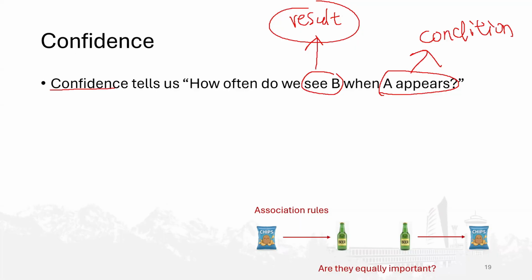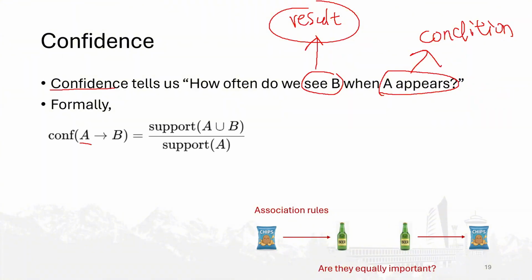So formally, to calculate the confidence for A, if we see A, then how often do we also see B? The formula for the confidence will be the support count of A and B divided by the support count of A. So later I will show you one example, then you will see how to calculate that.